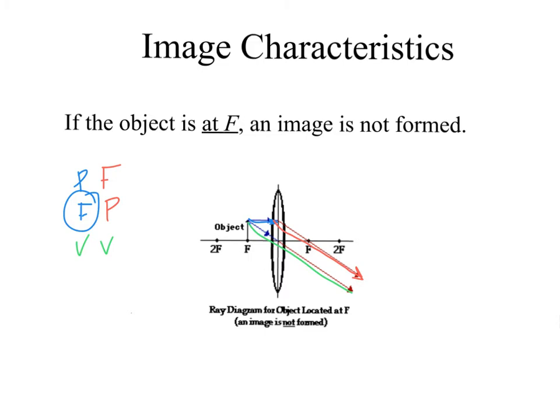You can double check that there is no image by drawing the extension of these rays, and notice they're still parallel, so there will never be an intersection of the refracted rays, meaning there is no image.